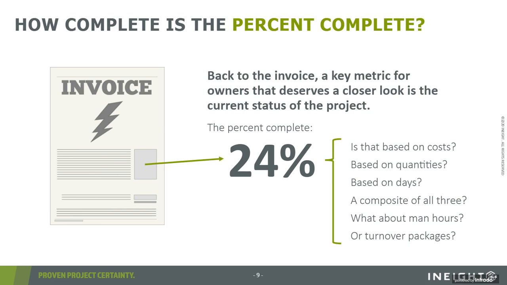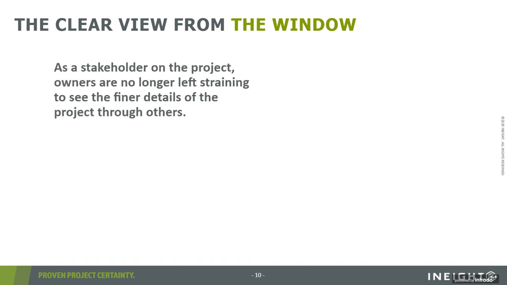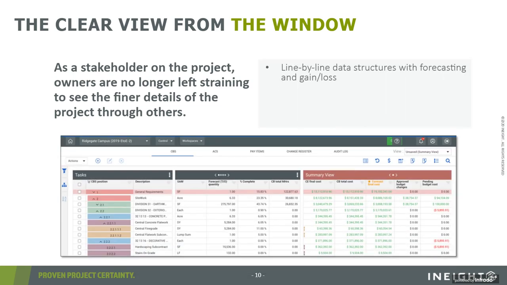But if you have an upgraded view and now are sitting next to the window, all of a sudden it's not about asking yourself what made up this percent complete or what is that static view, but it's about looking out the window and seeing for yourself and having the ability to create line-by-line data structures that show that forecast gain loss based on cost, based on quantity, based on man-hour, whatever detail you as an owner are after.